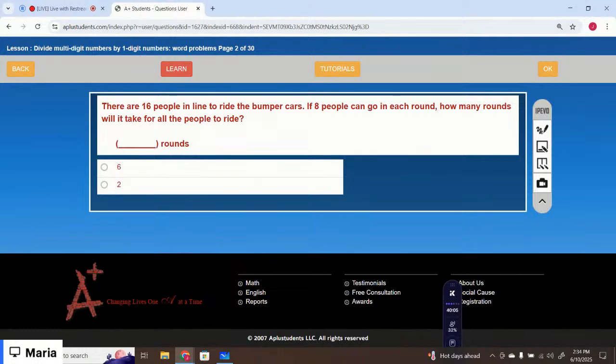There are 16 people in a line to ride the bumper car. If 8 people can go in each round, how many rounds will it take for all the people to ride? So which is the correct option?